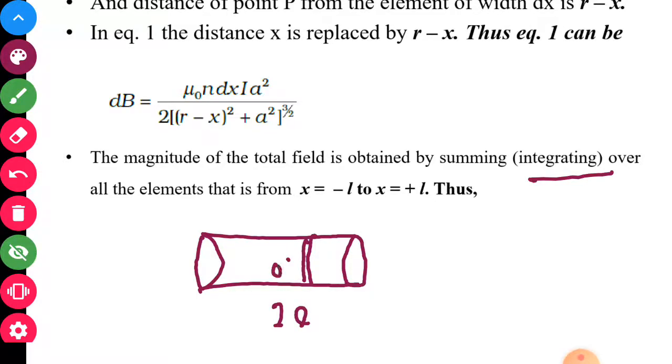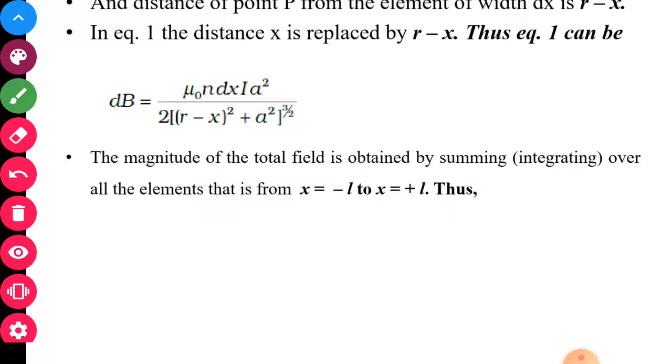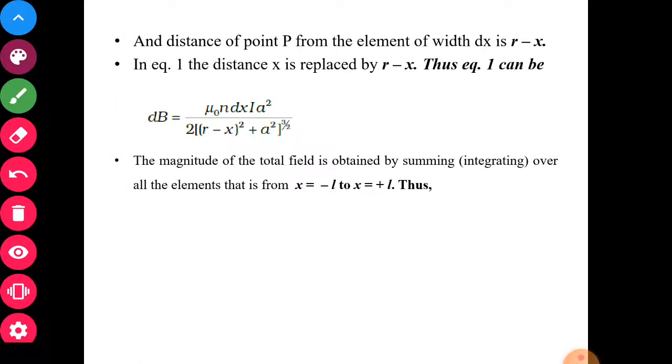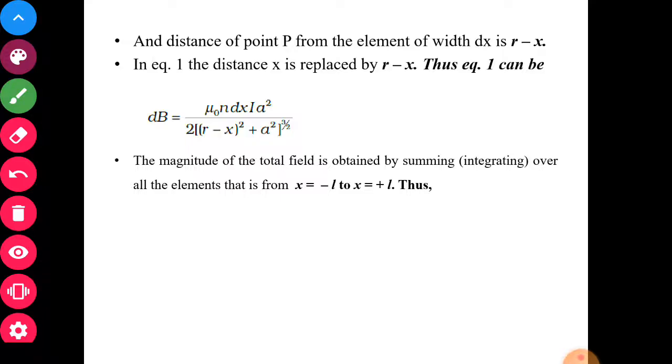Here this point is O. If you consider this as an x-axis, then here the coordinate will be minus L and here the coordinate will be plus L. So you have to consider all such segments right from minus L to plus L. So your limit of integration will be x equal to minus L to plus L. We just have to show the integration, we don't have to do that integration.